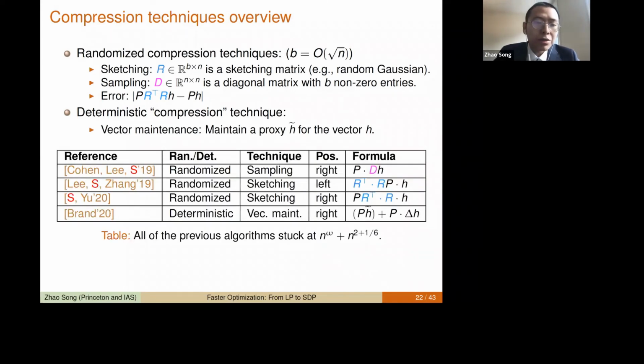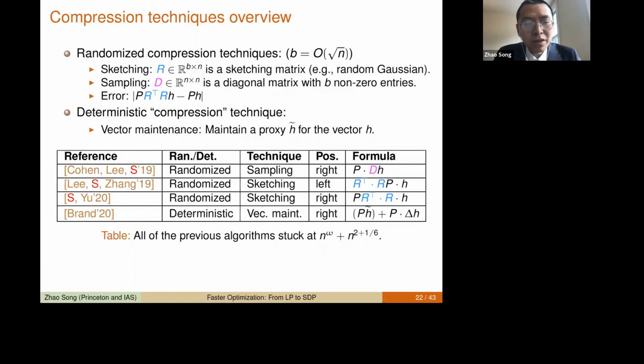Here are four works, and all four papers use different techniques. The weakness of all these papers is that they are stuck at 2 plus 1/6. None of the papers can go beyond this 1/6.